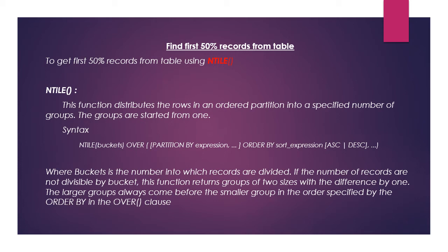I have inserted the syntax: NTILE in brackets buckets, over in brackets PARTITION BY followed by partition expression, ORDER BY followed by sort expression, followed by ascending or descending order. These conditions may be repeated, or you can use multiple conditions in this NTILE function, where bucket is the number into which records are divided.